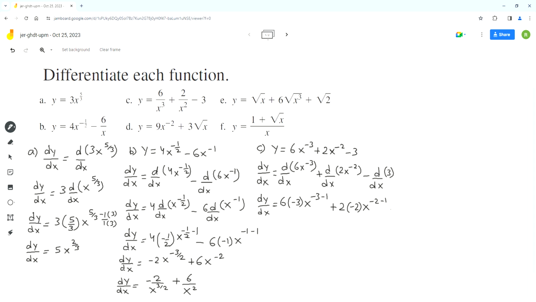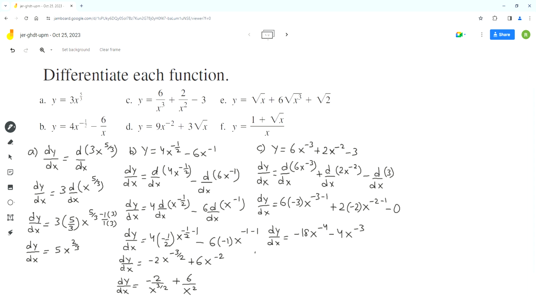And the derivative of the constant is 0. So we can simplify this as dy over dx: 6 times negative 3 is negative 18 and x to the power negative 4. And then 2 times negative 2 is negative 4, then x to the power negative 3.